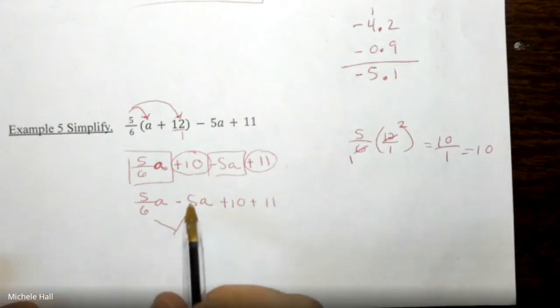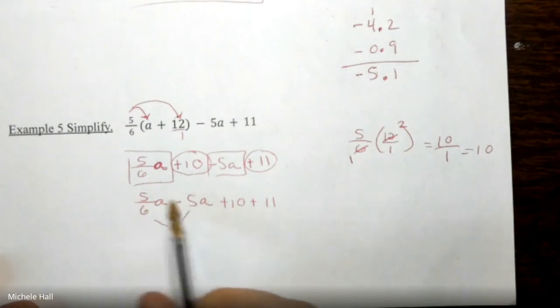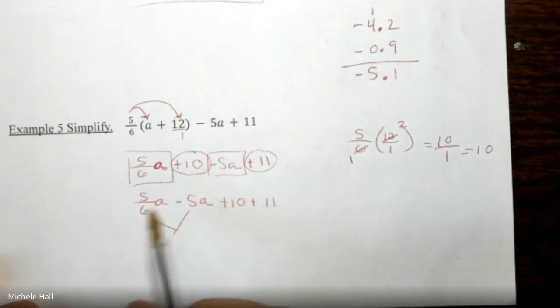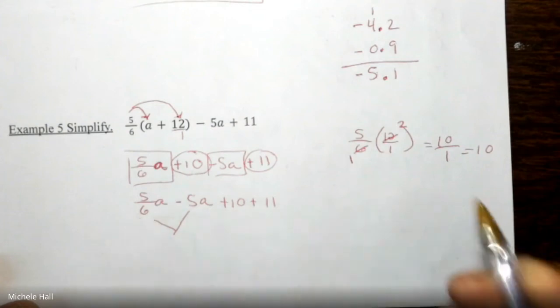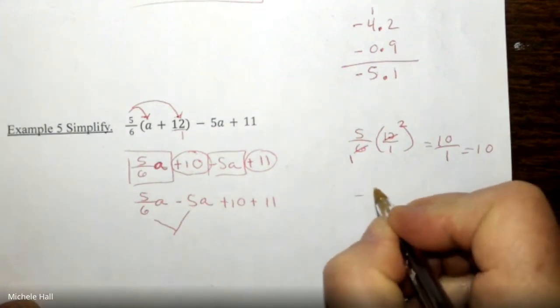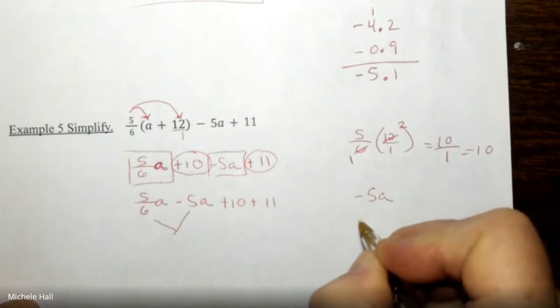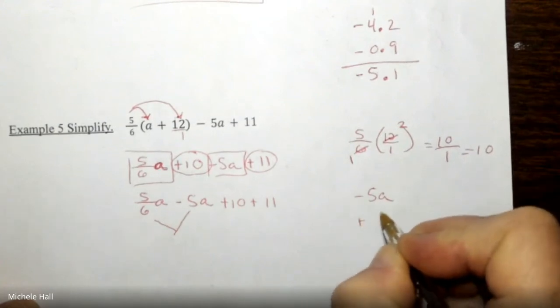Are these the same signs or different signs? They are different signs. That means that we need to subtract them. Which one needs to go on top? The larger one needs to go on top. 5 is larger than 5/6. So I have negative 5a and a positive 5/6 a.